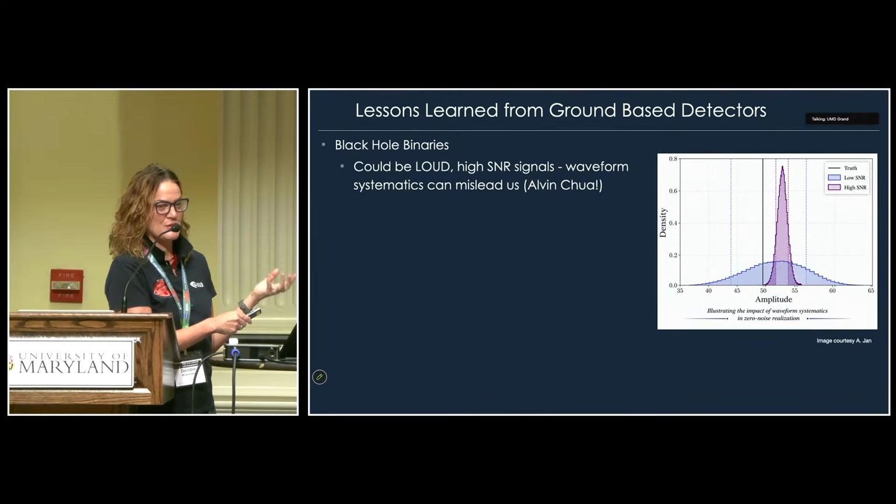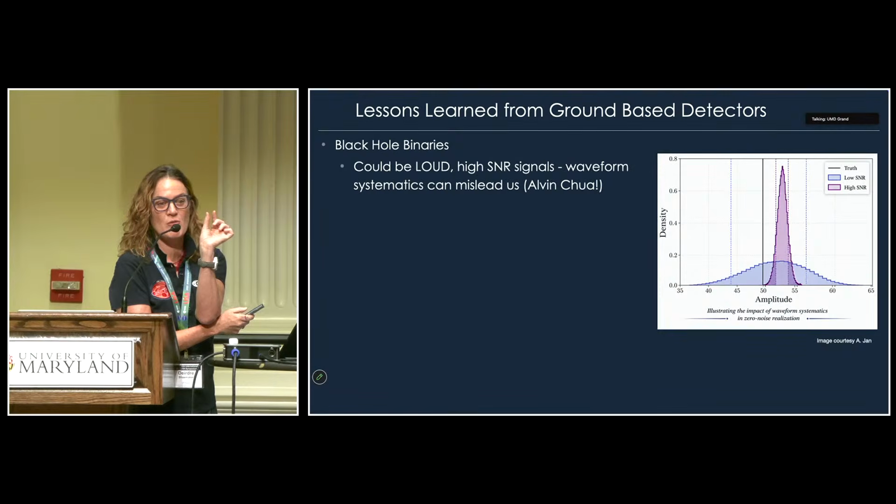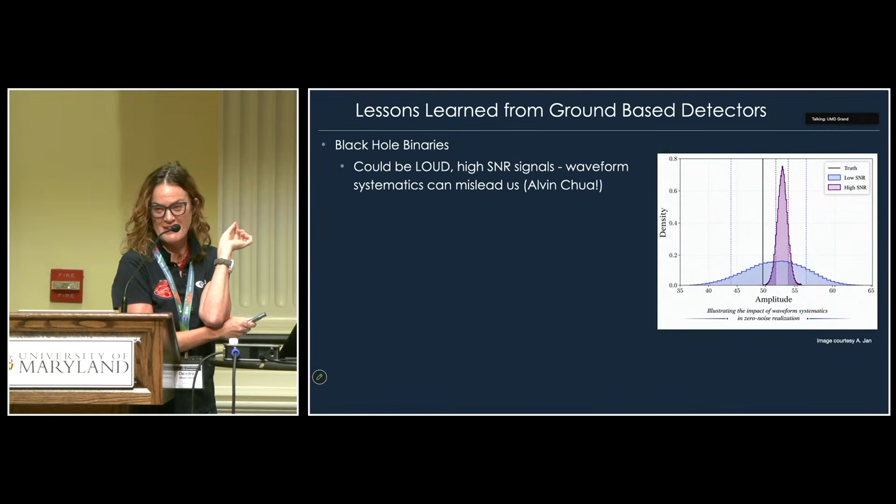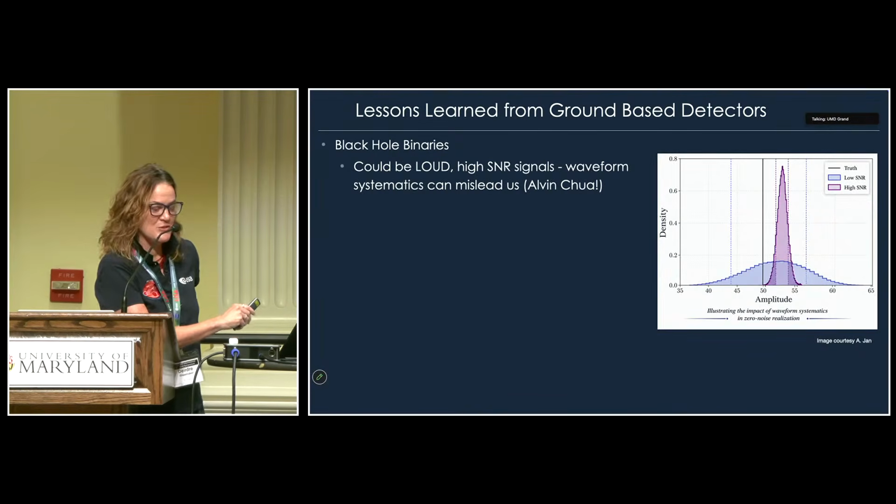You would expect that the more SNR you have, the more you would narrow in on the truth. But a waveform bias, a little error in your waveform, could actually move you off the truth as you get higher and higher SNR. So that's just one of the lessons I took away from my student.